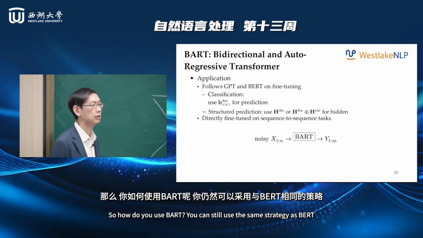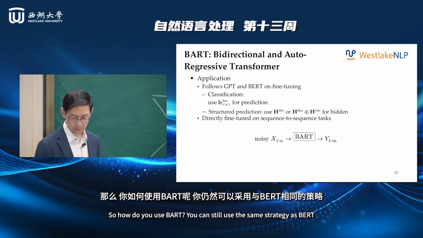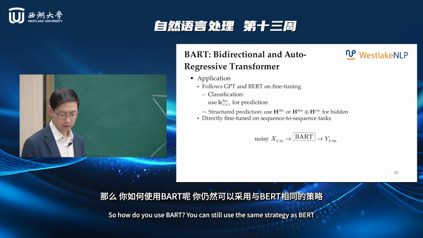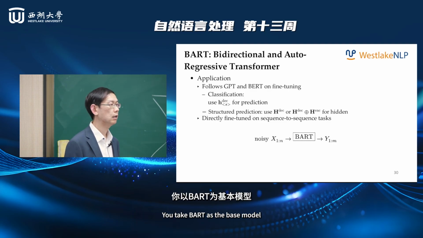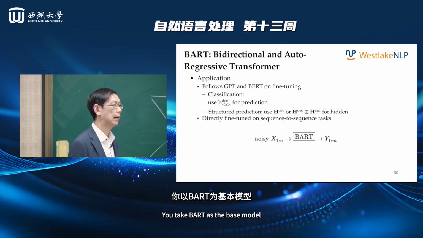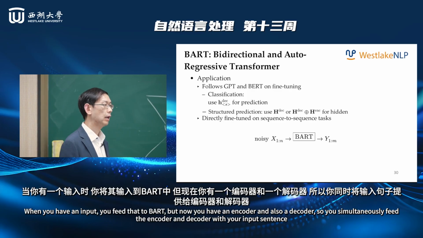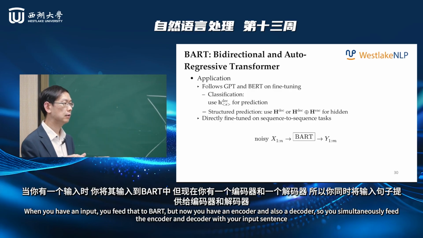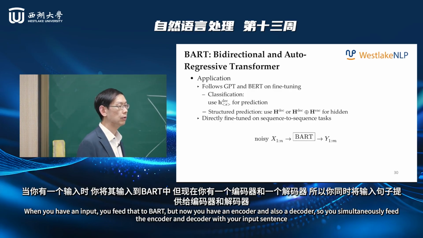How do you use BART? You can still use the same strategy as BERT. You take BART as the base model. When you have an input, you feed that to BART. But now you have an encoder and also a decoder.